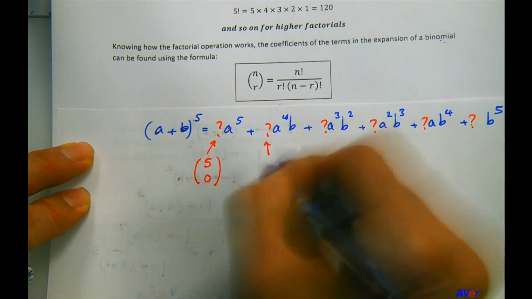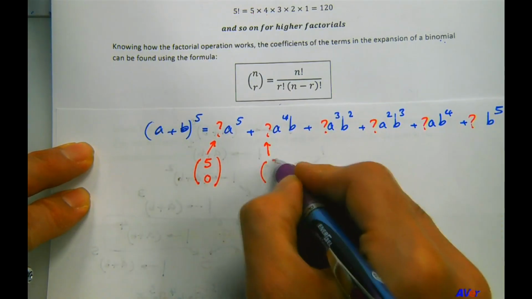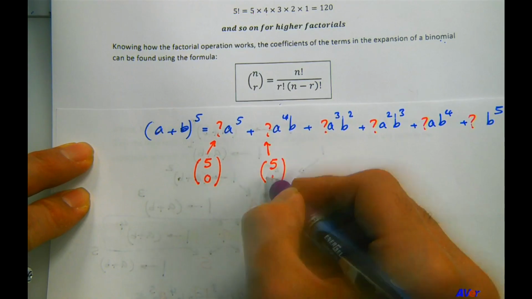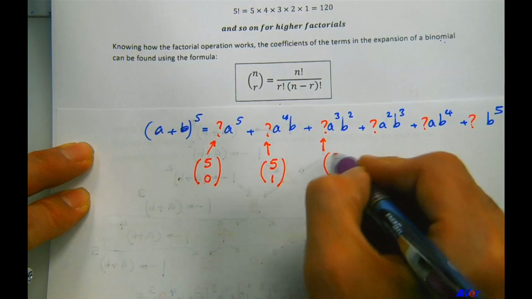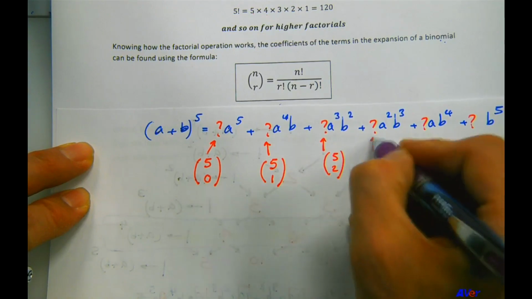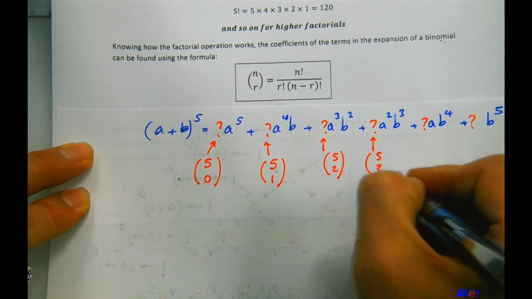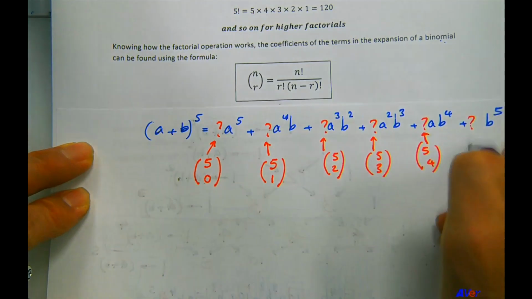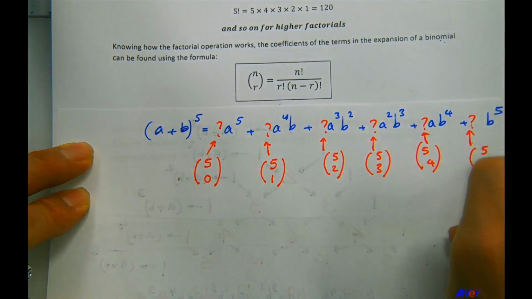How about that one? What is that coefficient? That's going to be 5 choose 1, right? That one, 5 choose 2. That one, 5 choose 3. That one, 5 choose 4. And that one, 5 choose 5.